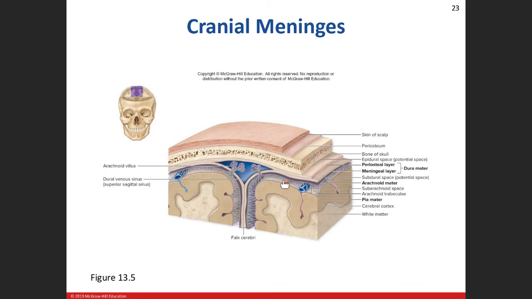This is where the cerebral spinal fluid flows through. And then this pink line here is represented by the pia mater. You can see here's all that arachnoid trabeculae all through here. You'll have blood vessels that kind of just sit inside of the arachnoid trabeculae there. And then right below the pia mater, here's your gray matter. Here's your white matter.